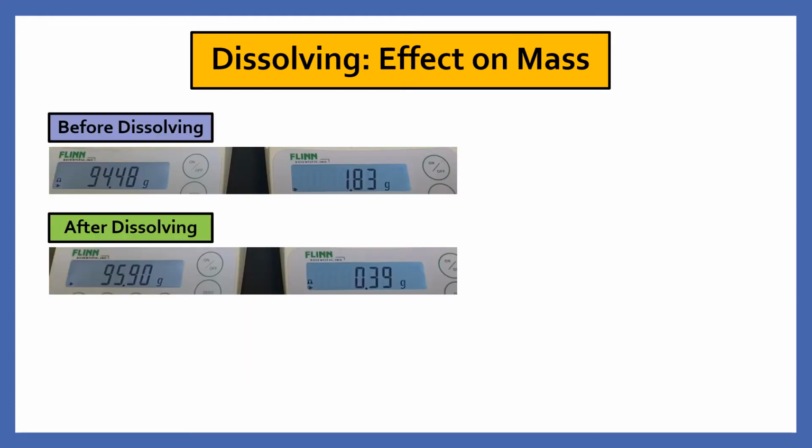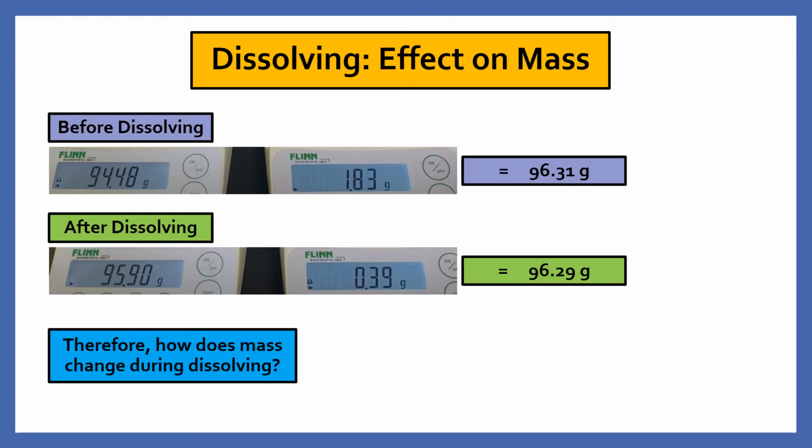So in the video that you looked at and the questions that you were doing, it says calculate the mass of the beaker and the water and the weighing boat and the solute before dissolving. So in this example, you take the masses and add them together. And you do the same for after. So these are the results for that.